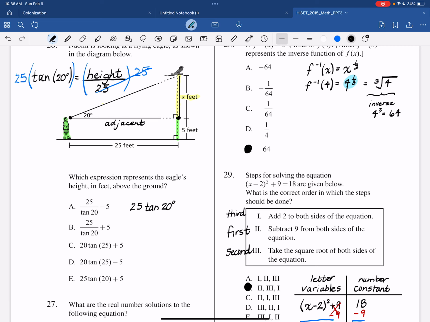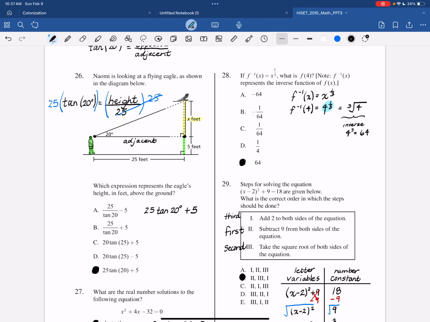But we have to calculate Naomi's height into this situation. So we have this value, which is actually the height of the eagle from eye level, but we have to add in Naomi's height to get this expression. And that is going to give us E as in echo, and we do not have to actually find X. We just had to set up the expression.